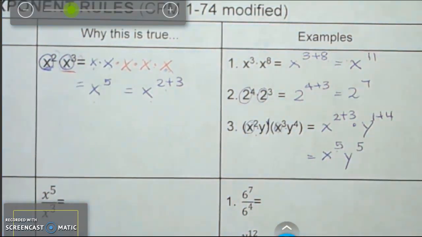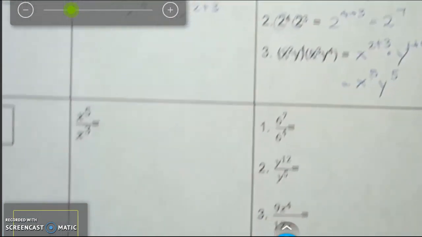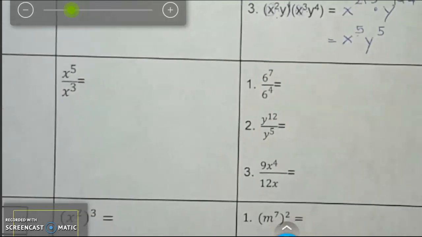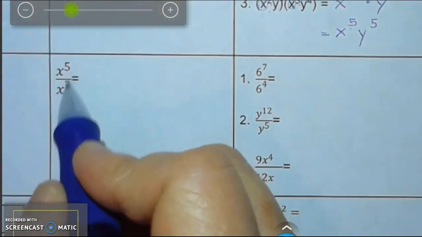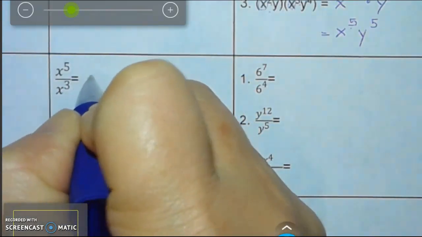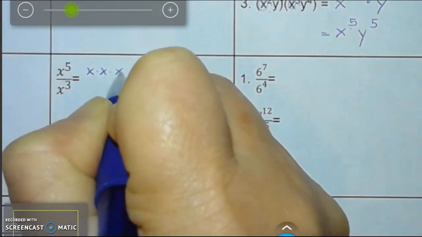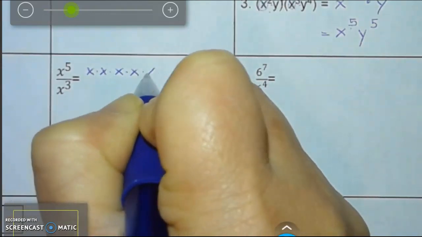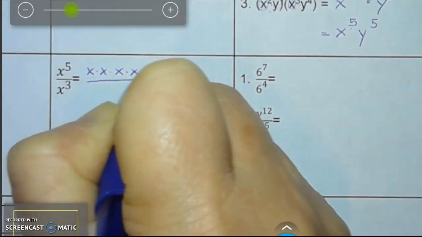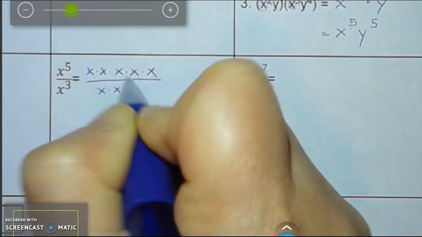Okay? All right. Then what about the quotient rule? We explored that last class. So you started seeing that x to the power of 5 divided by x to the power of 3 is really the same as x times x times x times x times x, divided by x multiplied to itself 3 times.